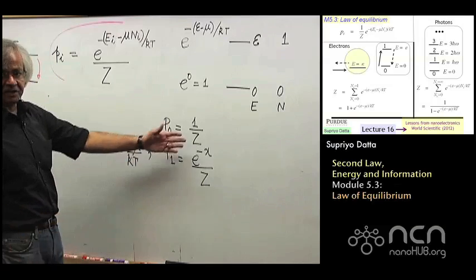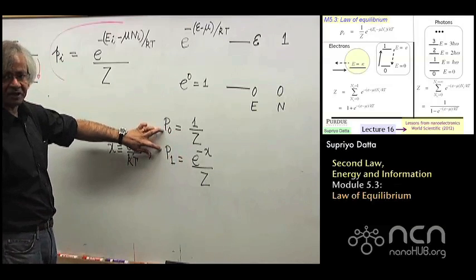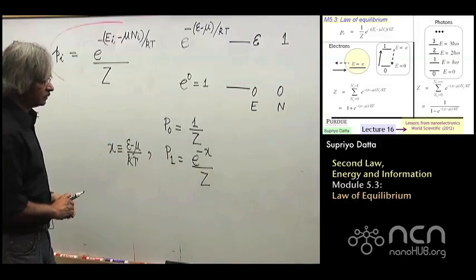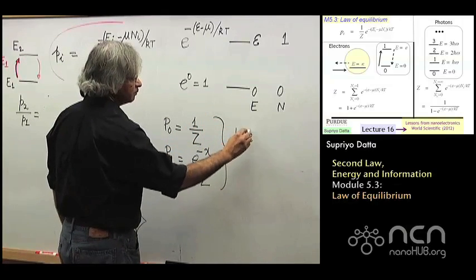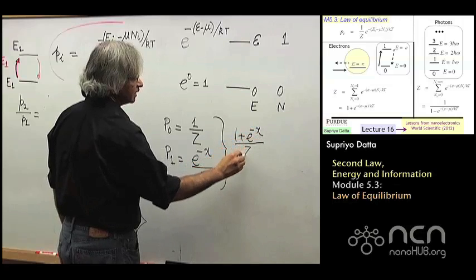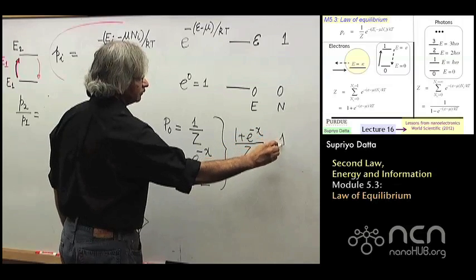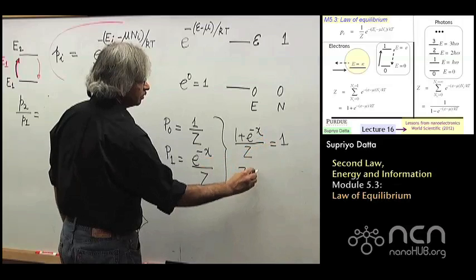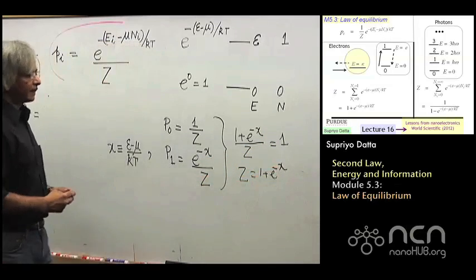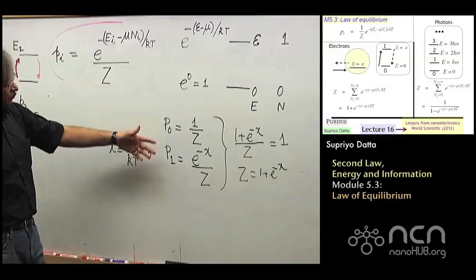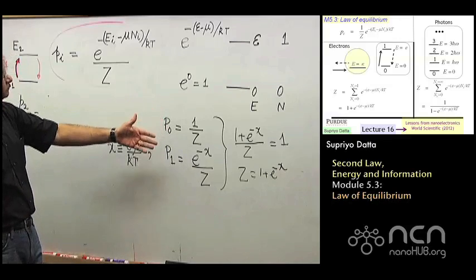So how do I find Z? Well, the answer is you have to just add those two and equate it to 1. So when I add those two, 1 plus e to the power minus x, divided by Z, that should be equal to 1. So Z is equal to 1 plus e to the power minus x. Okay.